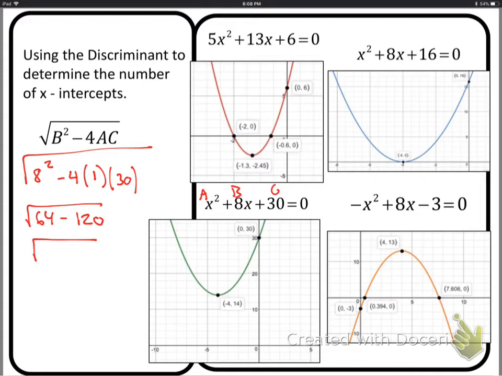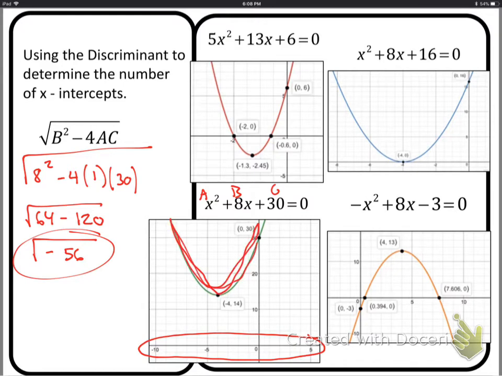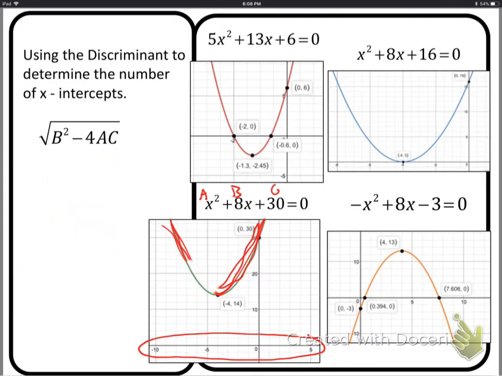So 64 minus 120 was negative 56. So we had a discriminant of a negative number. Here's our x-axis. Notice that this graph doesn't cross the x-axis, so it doesn't have any x-intercepts. It's above the x-axis and it opens upward. So the discriminant was a negative number, so we had no x-intercepts.